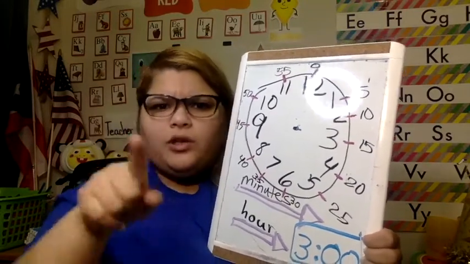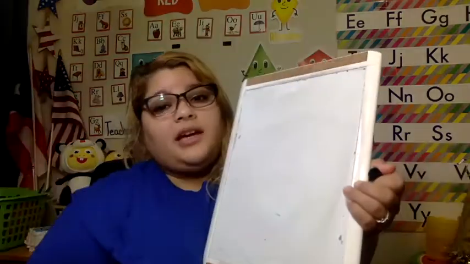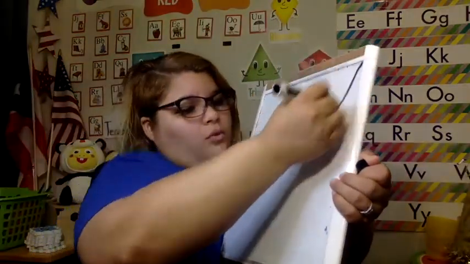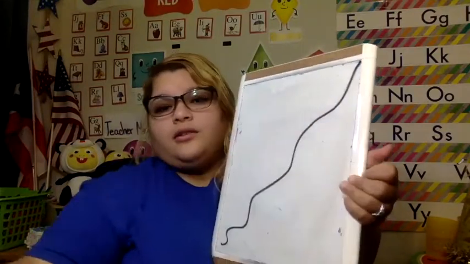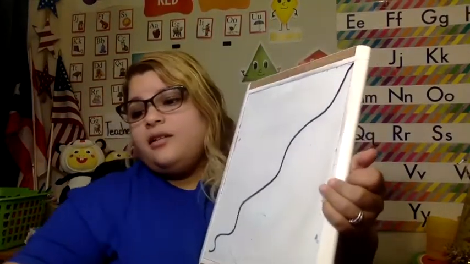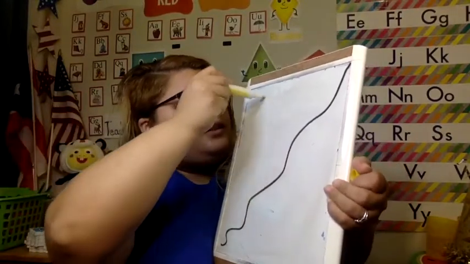For example, when you wake up in the morning, it is AM. When the sun goes down and you go to sleep, it's PM, night and day. During the day, like I said, usually we see the sun.